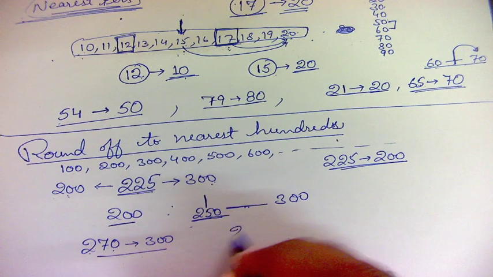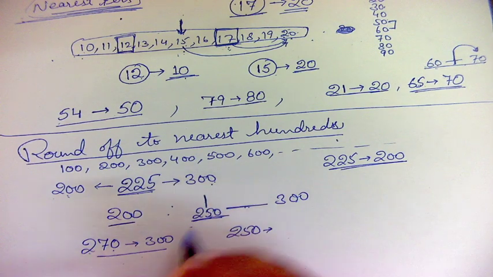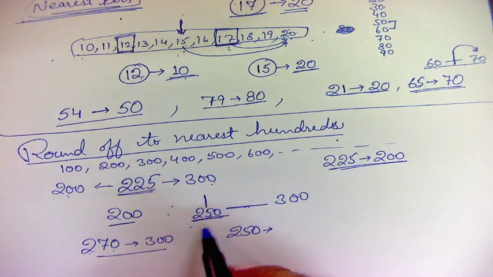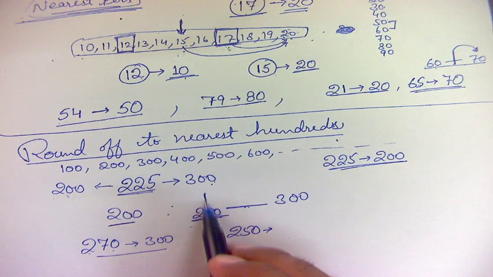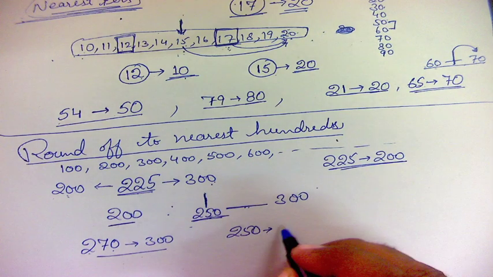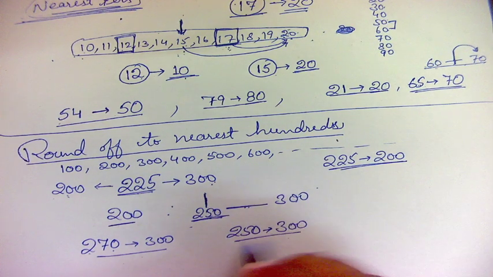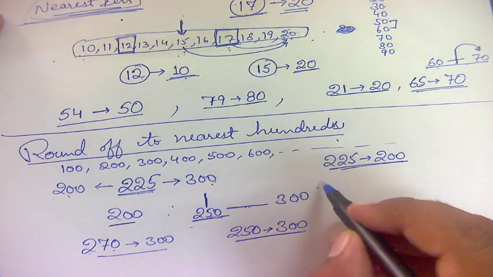If you have 250, now again as I told you for the tens, 250 it is the midpoint, so it will be rounded off to the next value, that is it will be rounded off to 300. More examples to be taken.